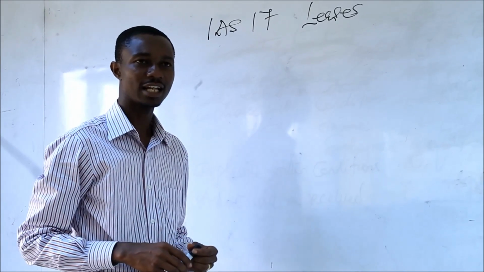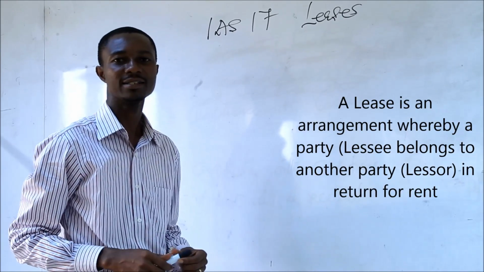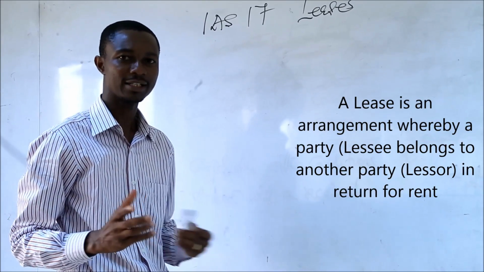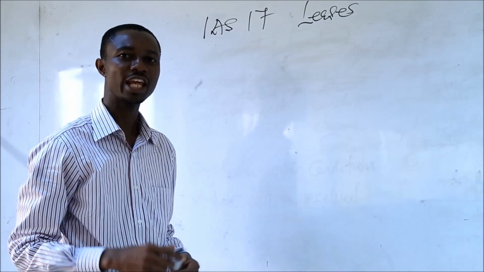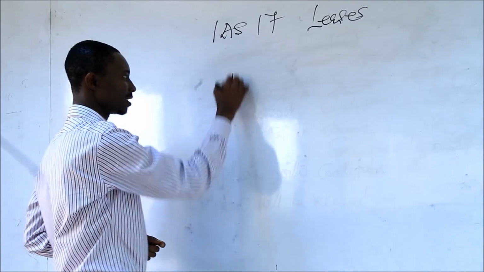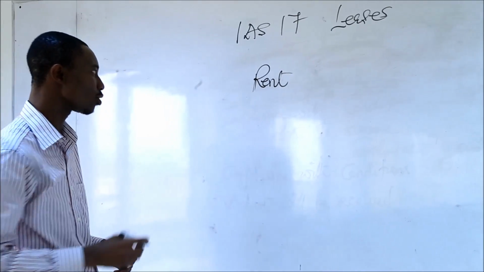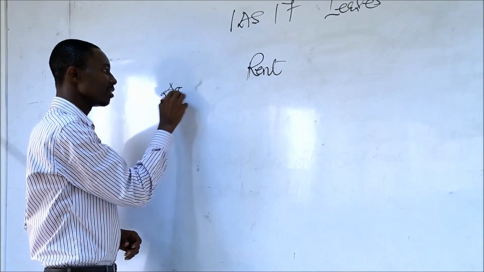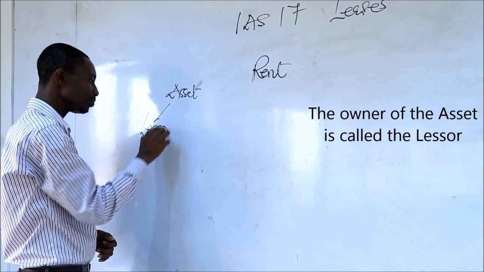Now, a lease essentially has to do with having the use of another party's assets, where the party is called the lessor, having the use of the lessor's assets in return for rent. So with a lease, somebody has an asset, right? The person who has the asset is called the lessor.